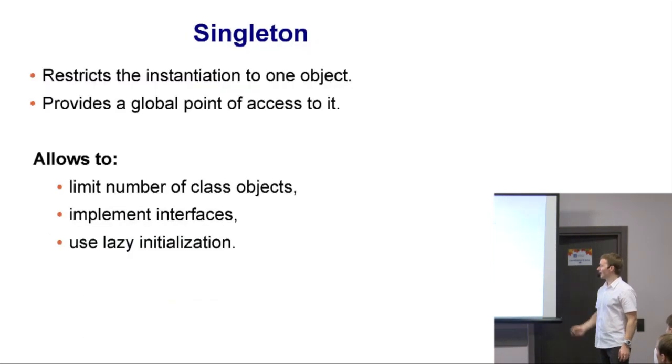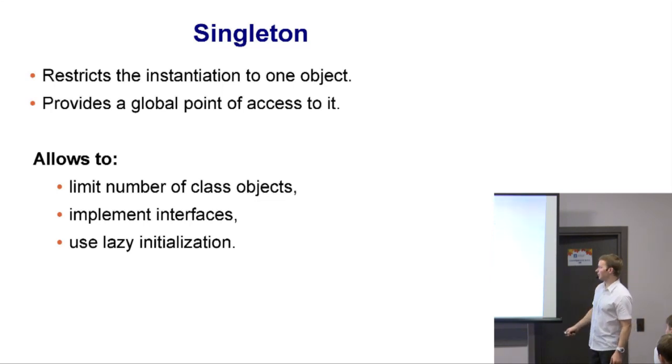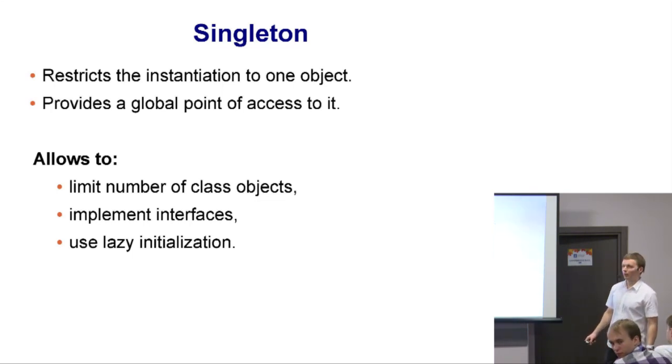Singleton. Singleton is probably the most well-known design pattern in Java, and it is a clear sign of a missing language feature. Singleton restricts instantiation of a class to a single object and provides a global access point to it.